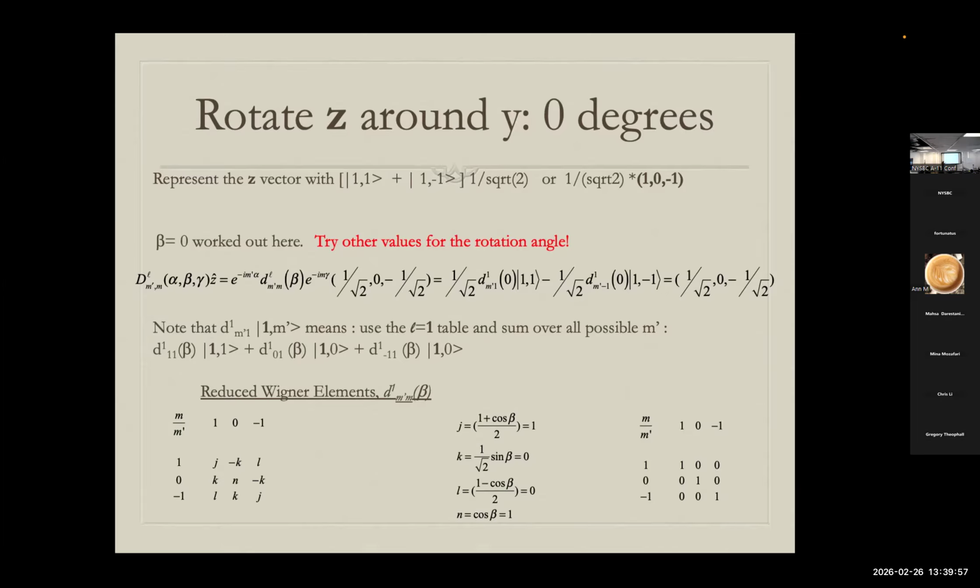K doesn't matter, but J and L do, because there was no 0 at the beginning. J and L both multiplied by 1/2 and 1/2. So I would take the original vector, which is this times 1/2, and add it to this times 1/2. Looks like I'm going to get 0 for that element.